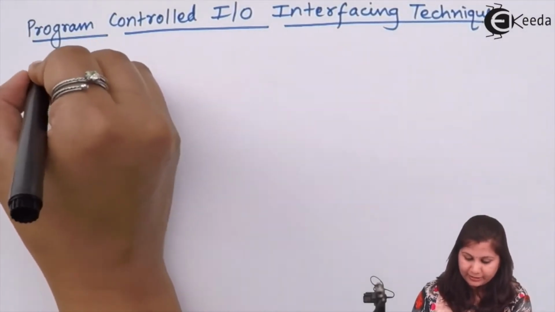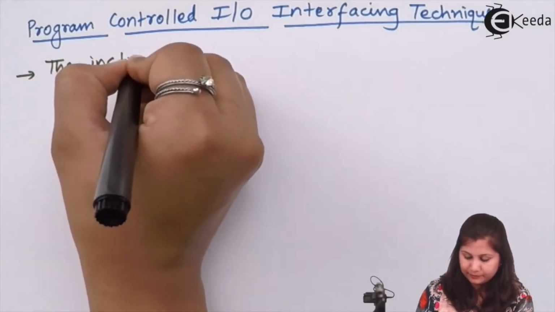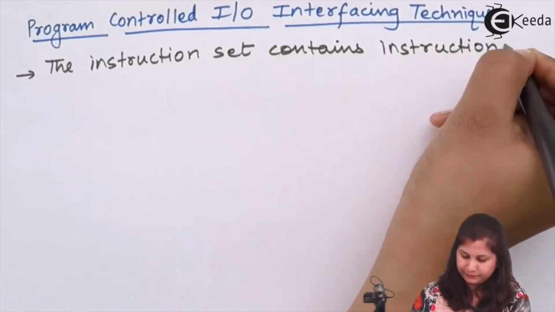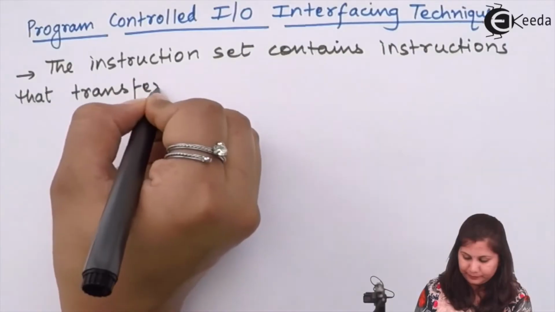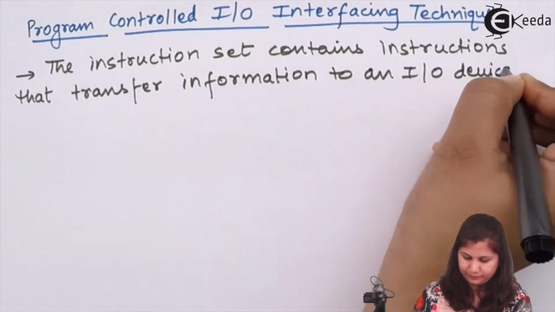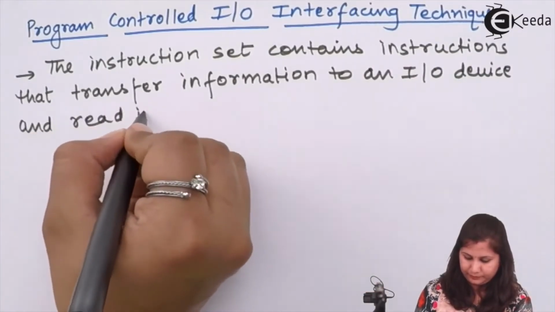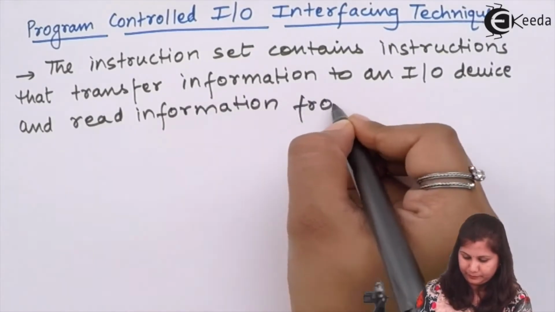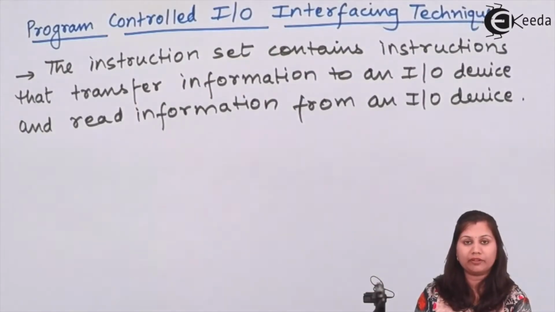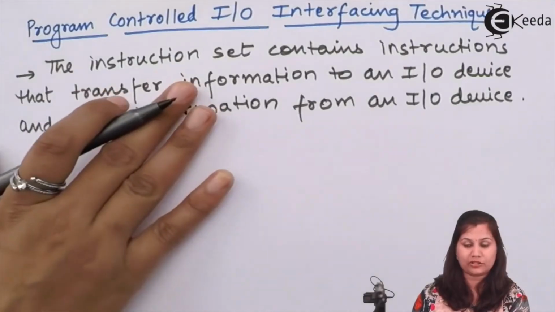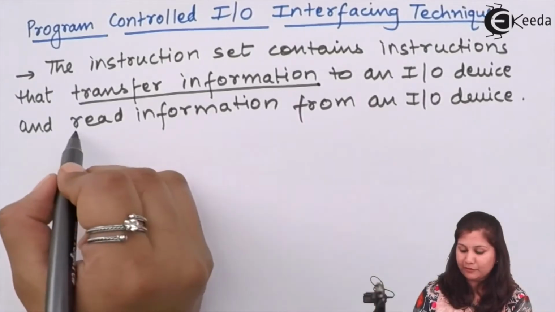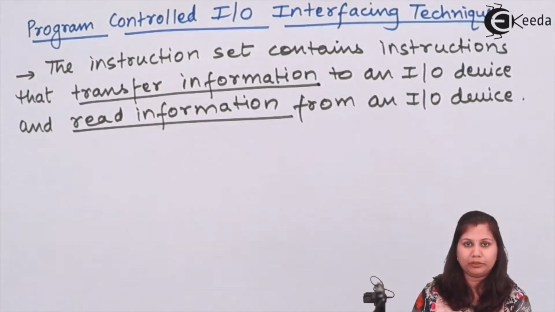So we can say that every microprocessor will have instructions in its instruction set which enable the transfer of information to an input output device, or to read the information from an input output device.